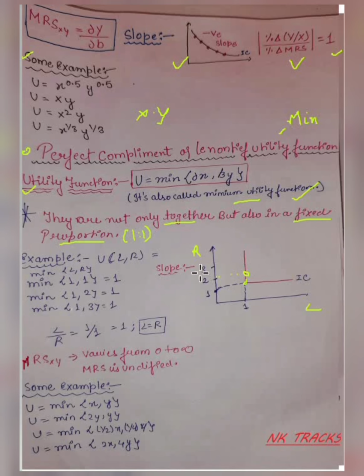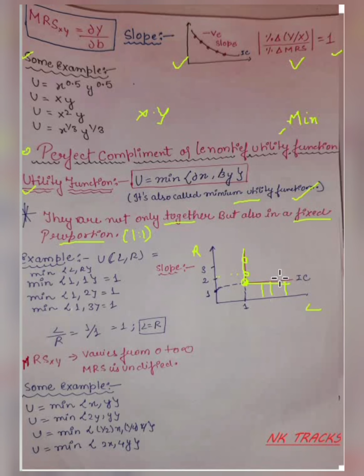And if we take three right shoes and one left shoe, the utility function would remain the same, and it will be something horizontal like this. In the same case, if left shoes increase and right shoes remain 1, the utility function will still be at this level no matter how many right shoes you increase.